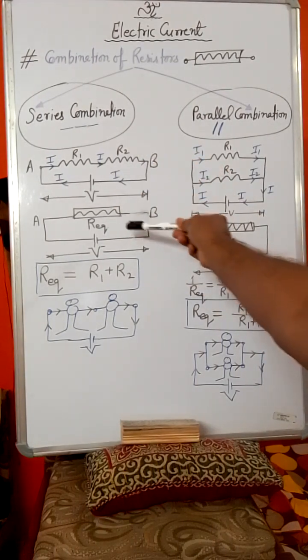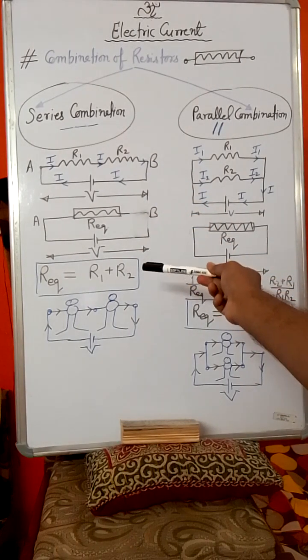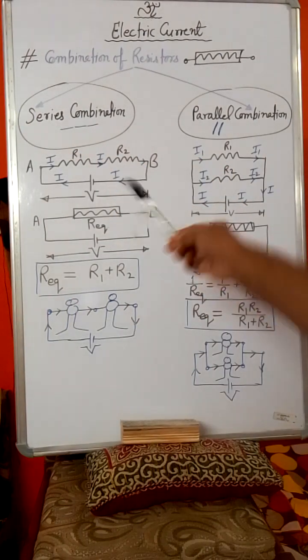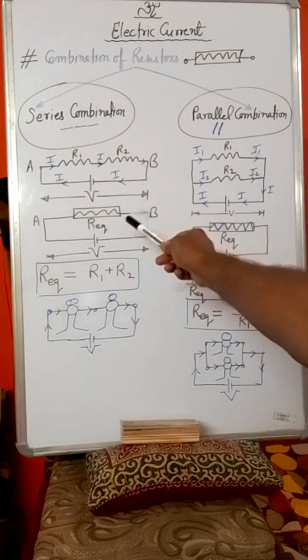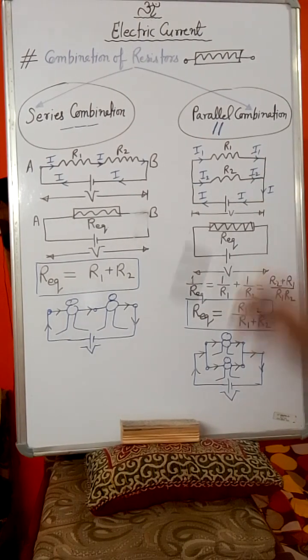That resistor will be called the equivalent resistance of the various resistors. Similarly, in parallel, there are two parallel resistors. Can we replace these two parallel resistors with a single resistor that can do the job of both in the circuit, right?